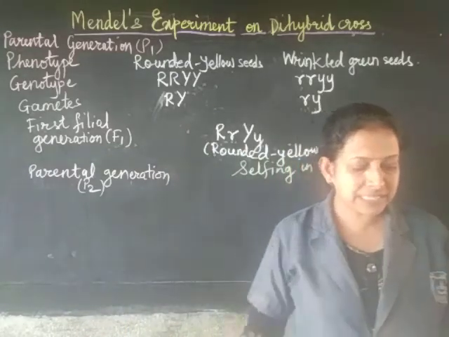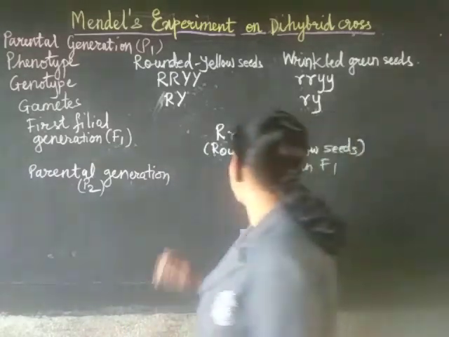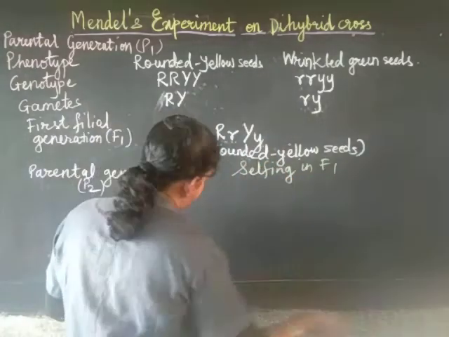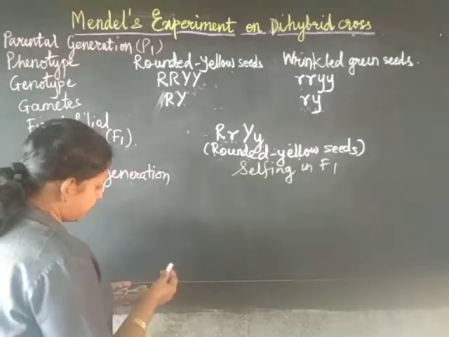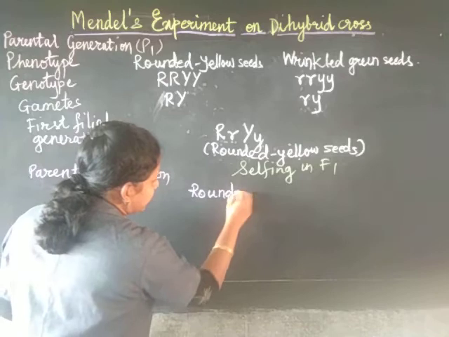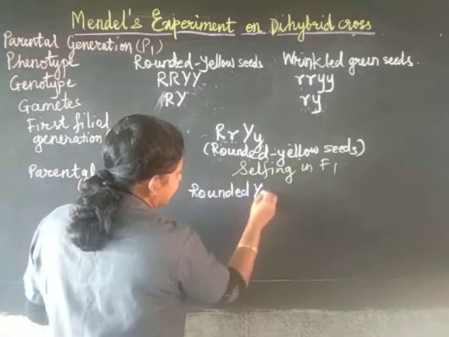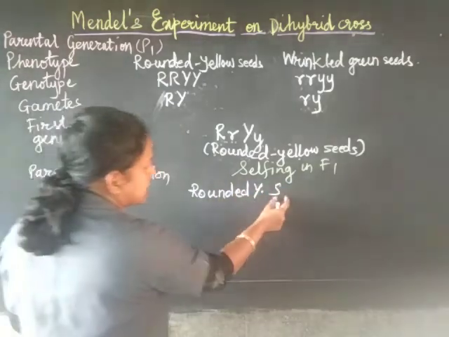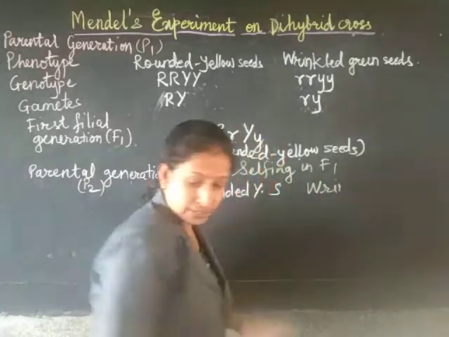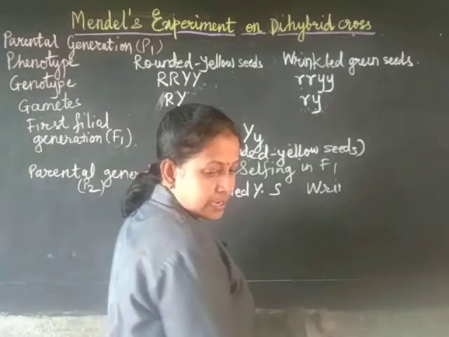Okay, once selfing is done, you have the phenotypes. What will the phenotypes be? Rounded and yellow seeds.